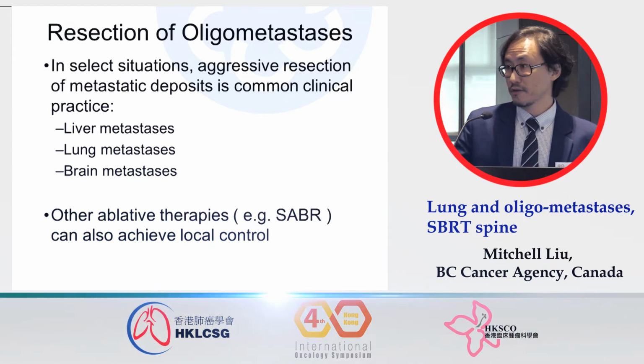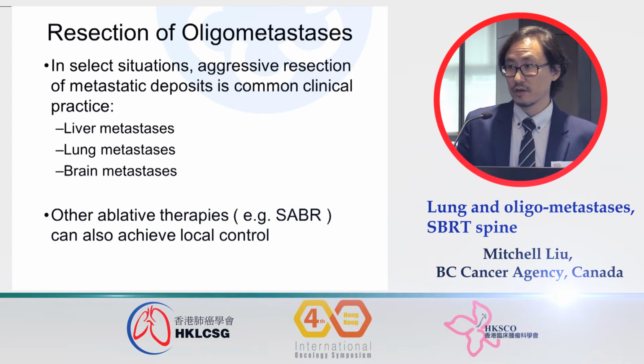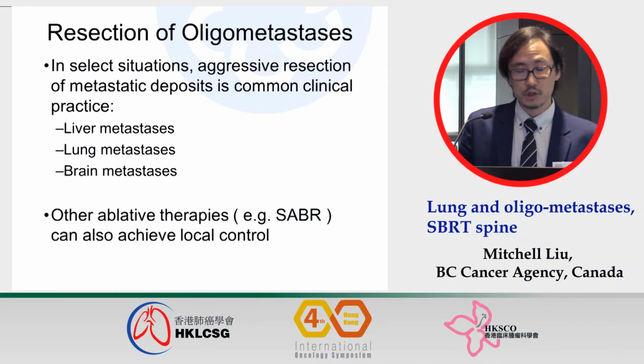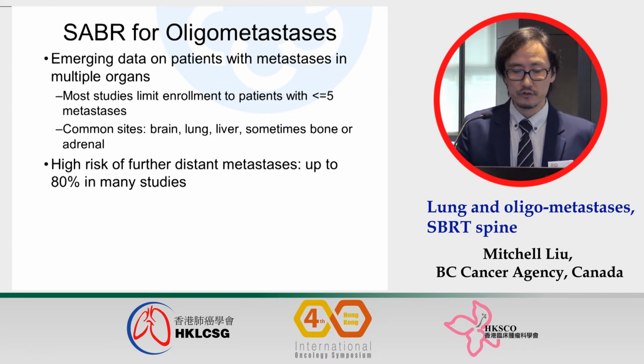Since surgeons have been doing quite a bit of the treatment for oligometastases, with the advance in technology and SABR, the radiation oncologists started investigating whether SABR can be used in oligometastases. Most of the studies include patients with 5 or fewer metastases, and the common sites of treatment include brain, lung, liver, and sometimes even bone and adrenals.